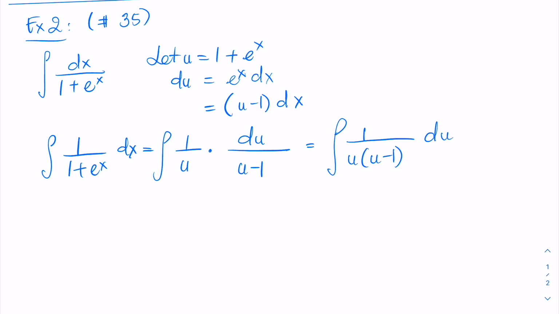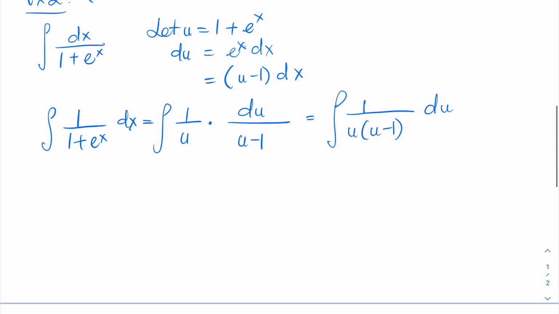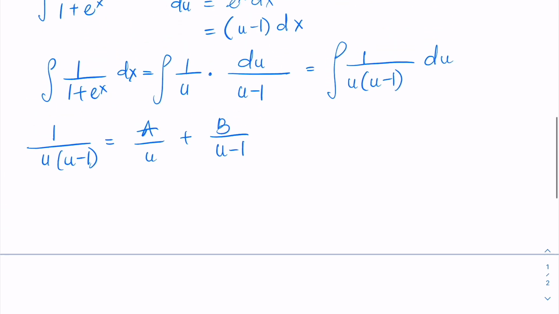So for this part, we're going to have to go back and do partial fractions. So 1 over u times u minus 1 turns into A over u plus B over u minus 1. Now I'm going to multiply both sides by the LCD, which is u times u minus 1.